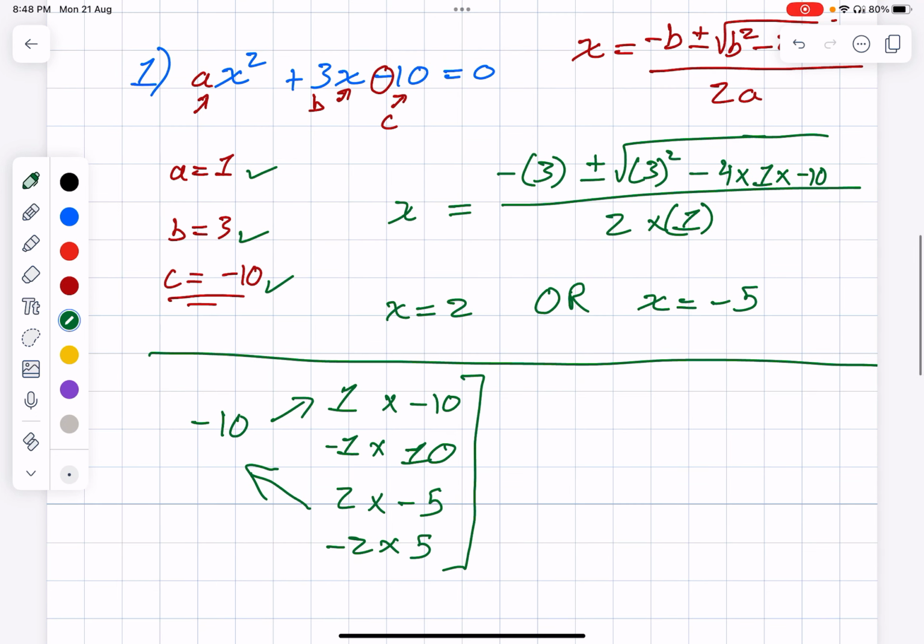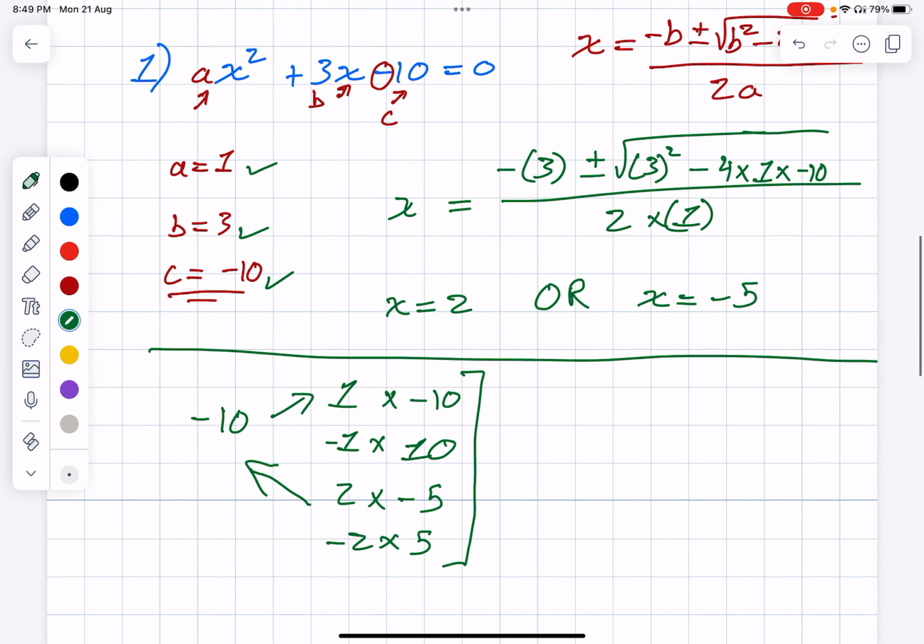However, the numbers that multiply to give c, if they are added together, must also equal b, which in this case is 3. 1 plus negative 10 is equal to negative 9, which is not b, so it is incorrect.